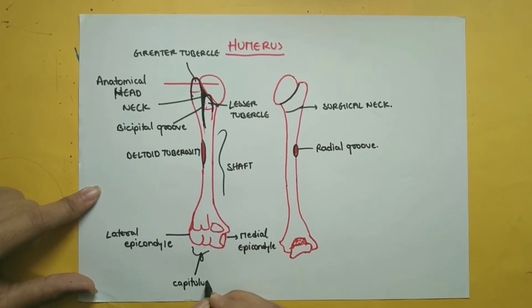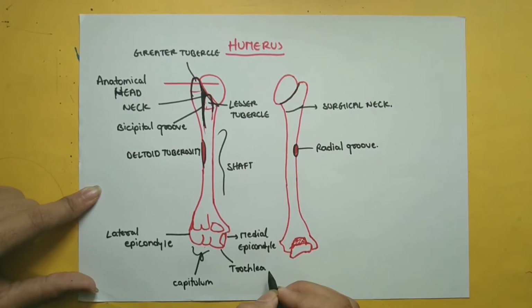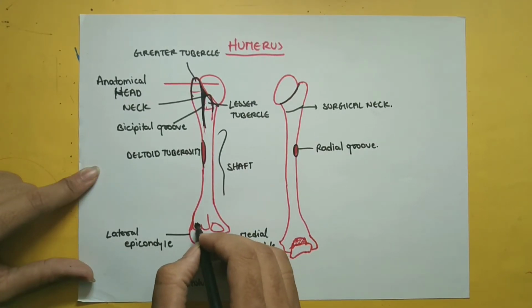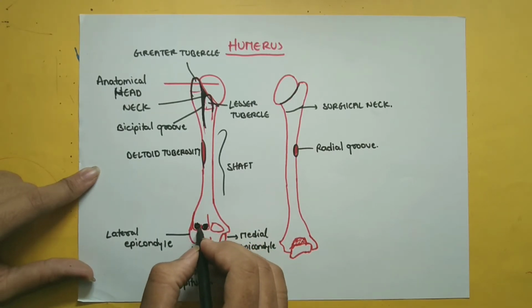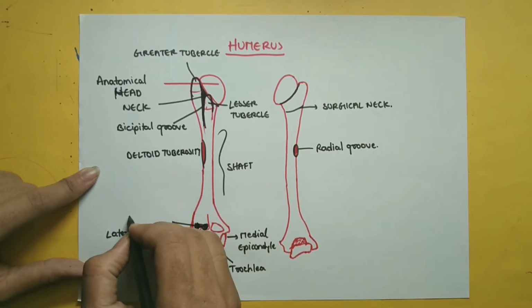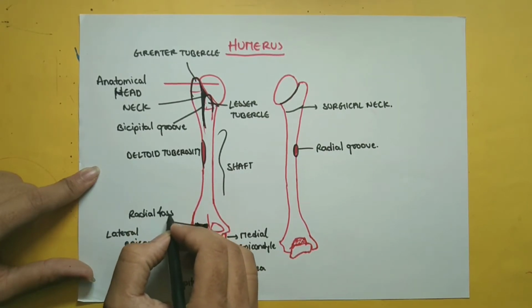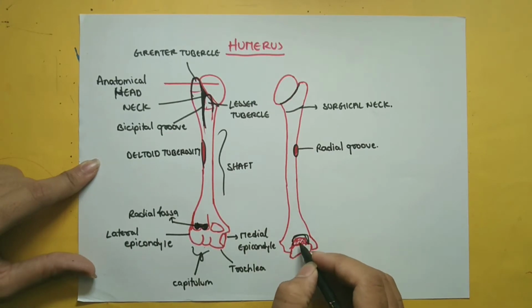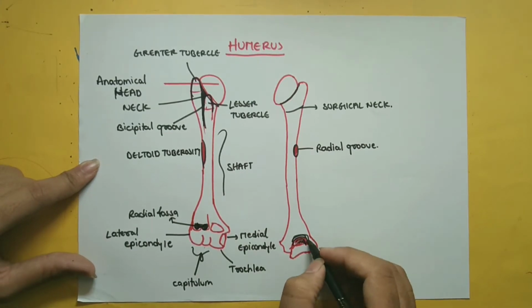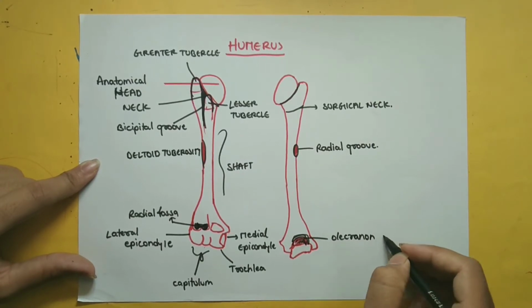Capitulum, trochlea, this depression is the radial fossa. And this depression is olecranon fossa.